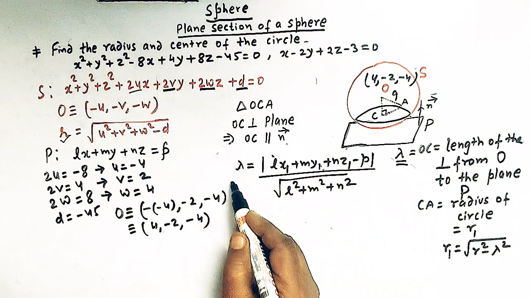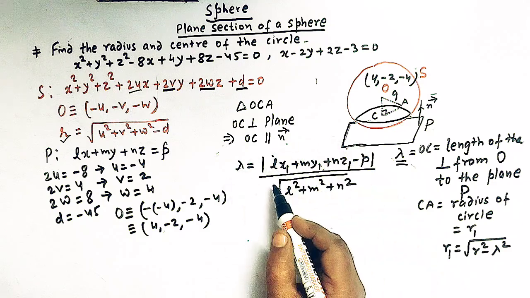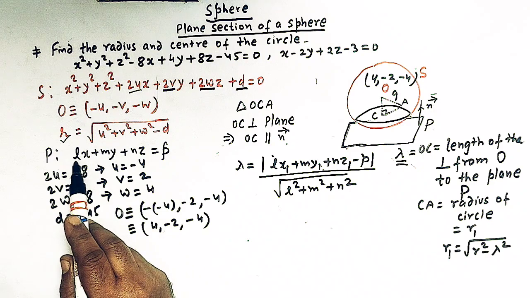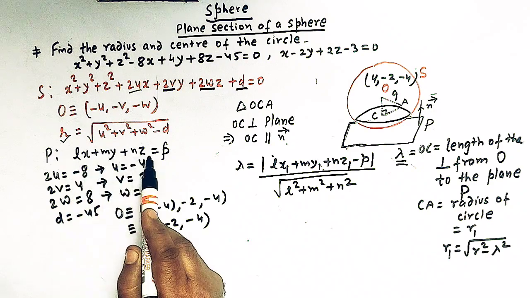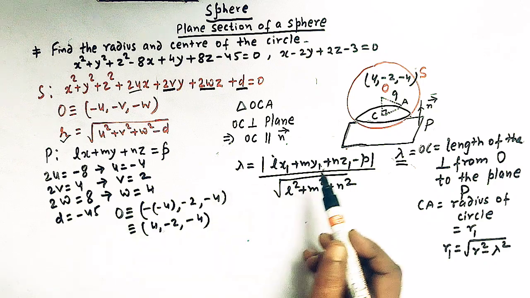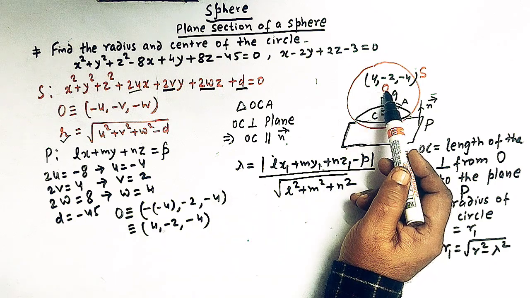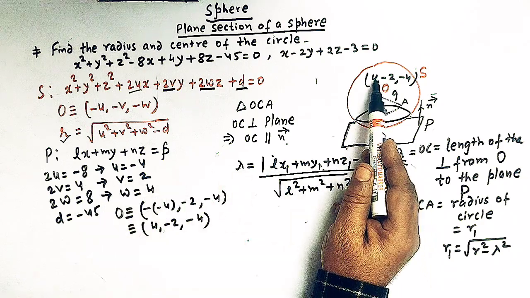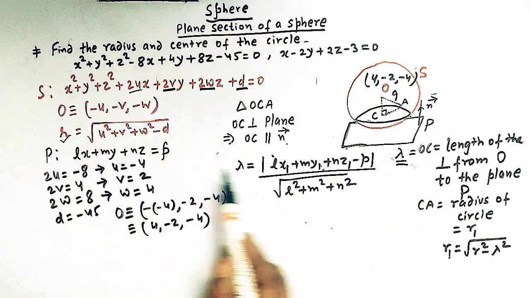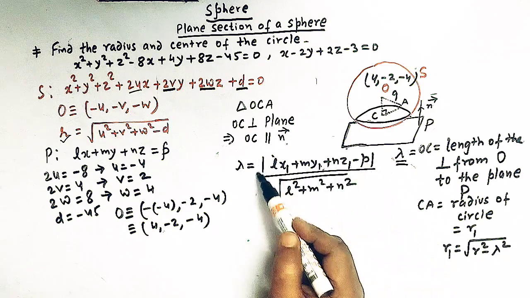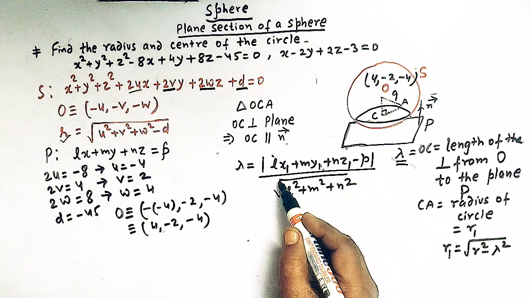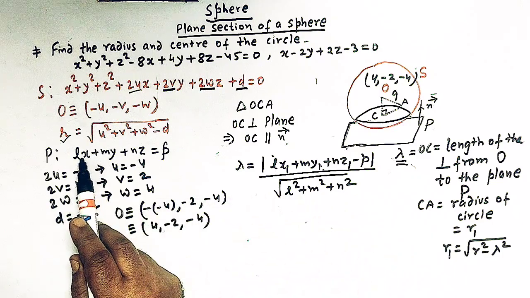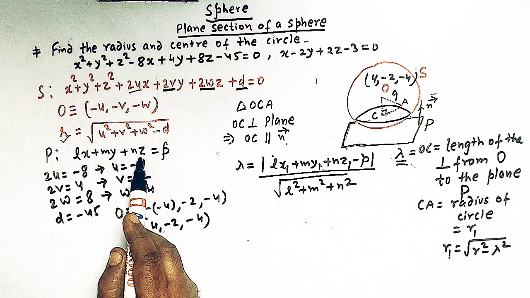So this is the formula for the distance of a point from a plane. Here the equation of the plane is Lx plus my plus nz minus p is equal to 0, and we take the point O as x1, y1, z1. We substitute this point in the equation of the plane, take the absolute value, and then divide by the square root of the sum of the squares of the coefficients of x, y, and z.